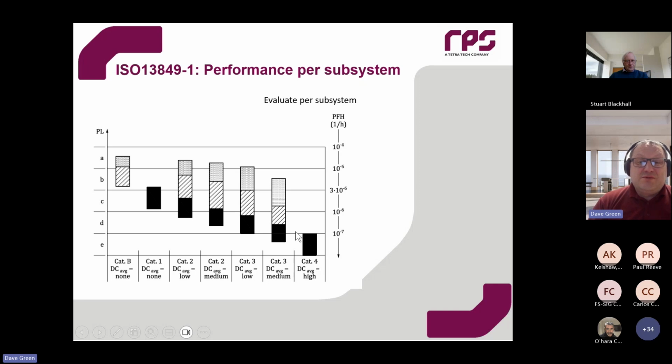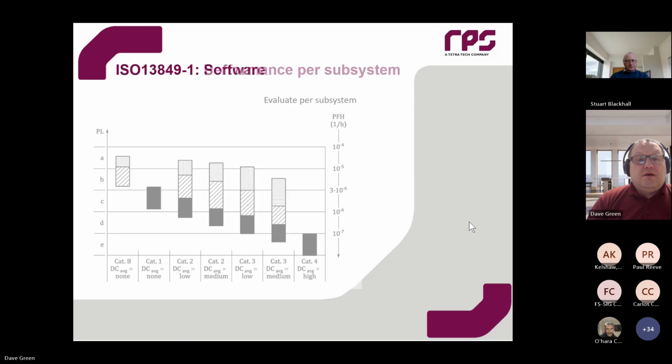But once we've got our PFH number, our diagnostic coverage, and the other one, which I can't remember, then it'll tell us which performance level we're achieving in there. Once we take a break, I'll be able to go back and remind myself what the different shadings are.